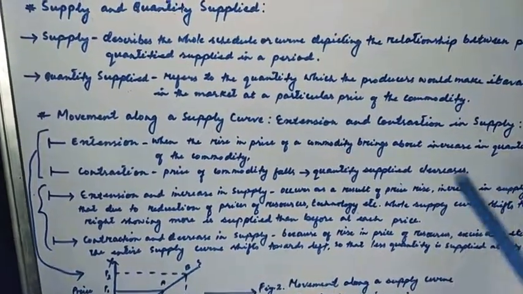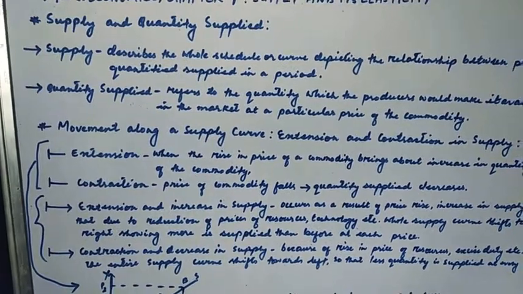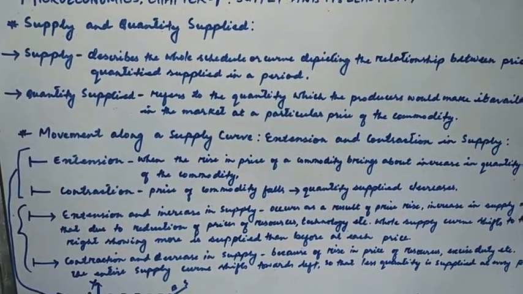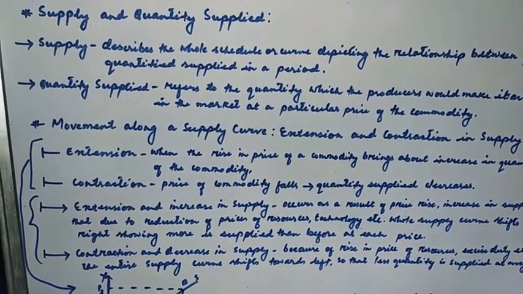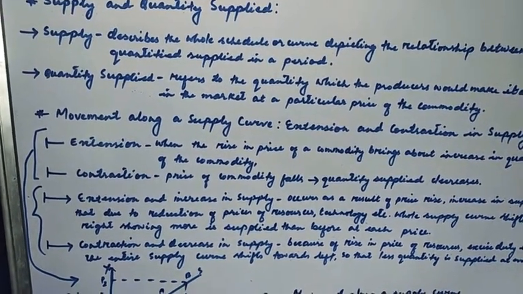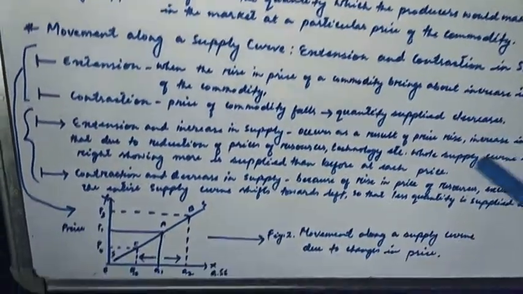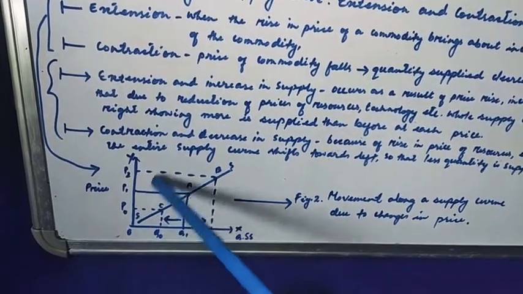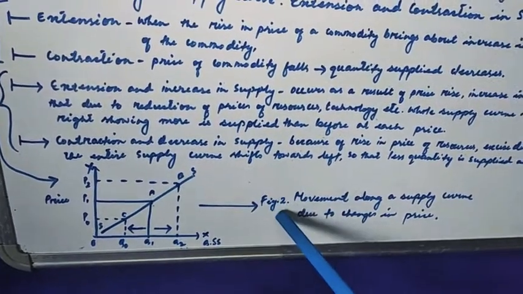As we have seen above, the law of supply states that as the price of a commodity rises, the quantity supplied by the producers increases, and we move up along the supply curve. This is the diagram to represent movement along the supply curve, Figure 2.